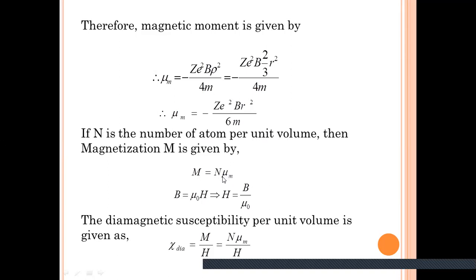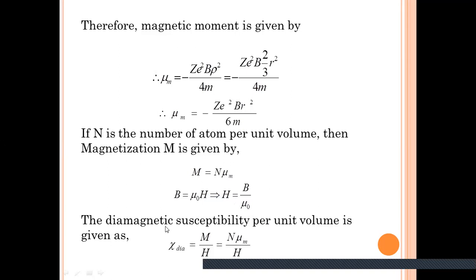You know the relation between the magnetic field and magnetic field intensity: B equals mu 0 into H. Here we need H. H is the magnetic field strength. Therefore, H equals B upon mu zero, where mu zero is the permeability of the medium.